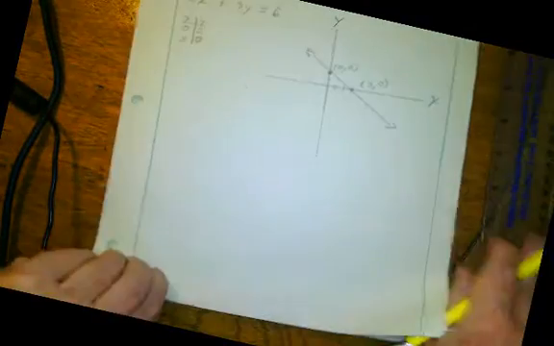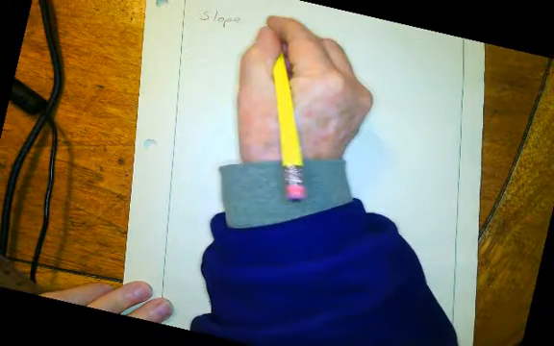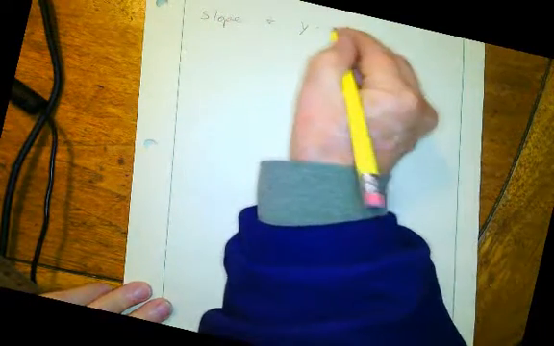I want to look at a second method, and this one is called the slope and y-intercept.